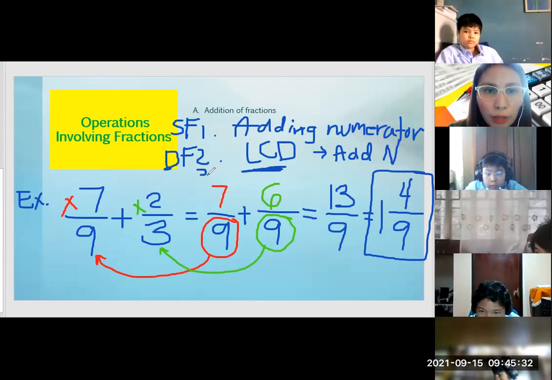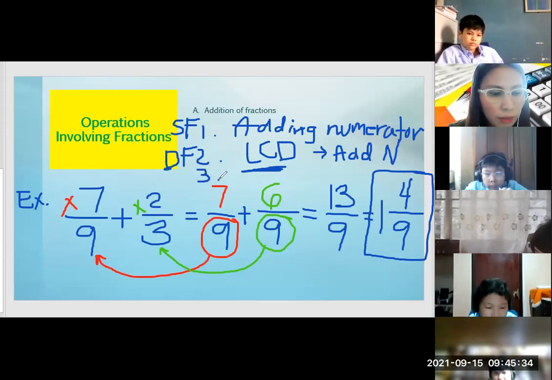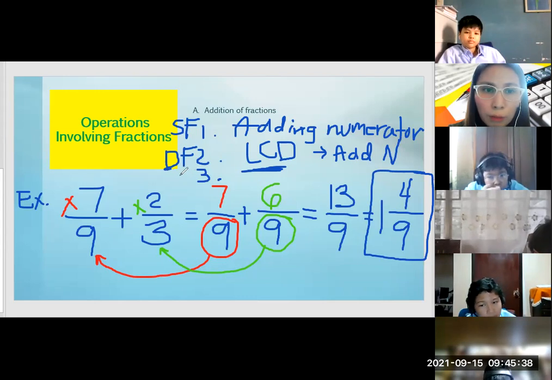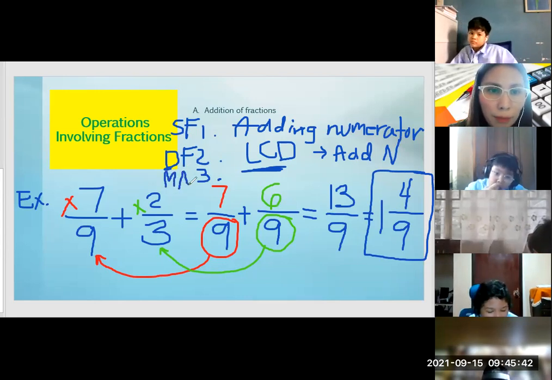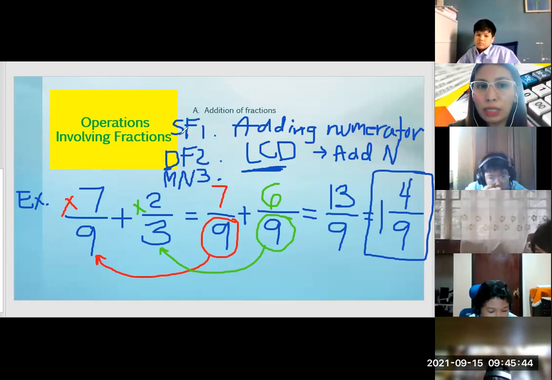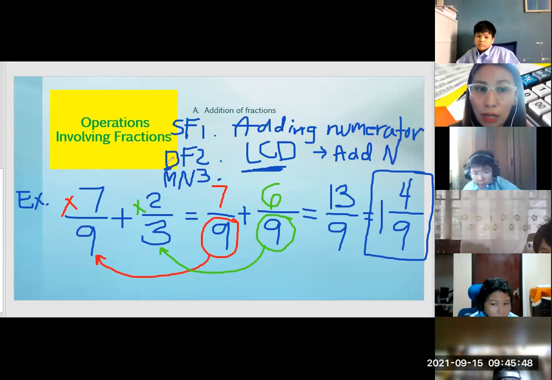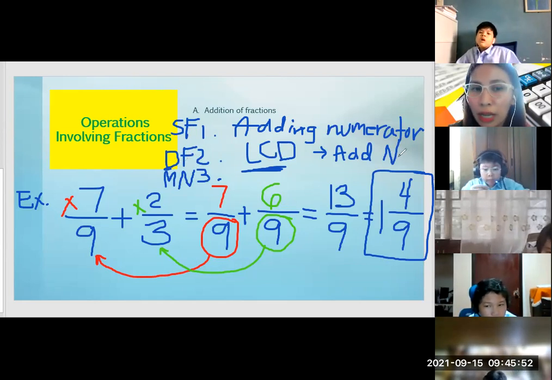Another rule, number 3. In rule number 3, it's mixed numbers naman. So, SF is similar fractions and DF is dissimilar fractions. You need to get the LCD first, then add the numerators.